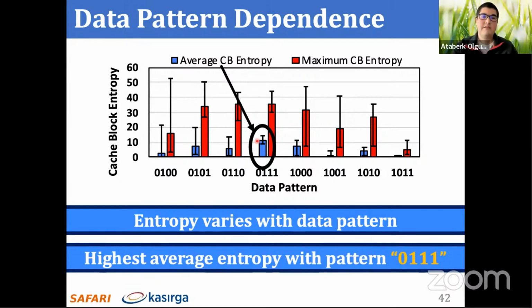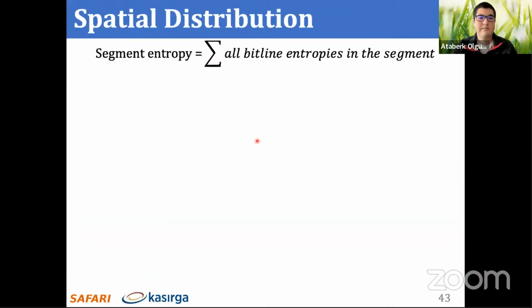Since the first row is activated slightly earlier than the other 3 rows, we hypothesize that when the simultaneously activated 3 rows are initialized with the inverse value of the first row's data, the bitline voltage cannot exceed the reliable sensing threshold in most sense amplifiers and results in random values on a larger majority of the sense amplifiers compared to other data patterns.